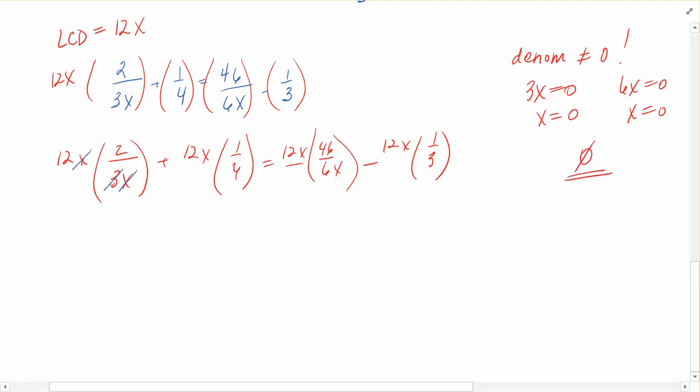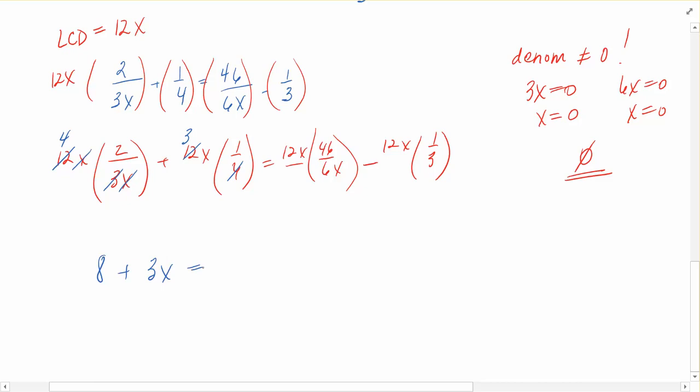Now when we multiply fractions, I'm going to cancel the x's. 3 divides into 12 4 times, so 4 times the 2 that's left there gives me 8. Plus 4 divides into 12 3 times, so that would be 3x.